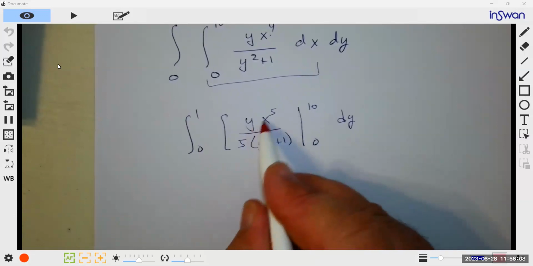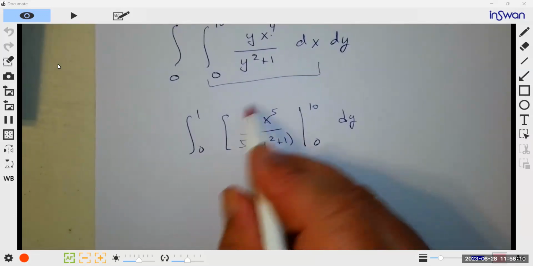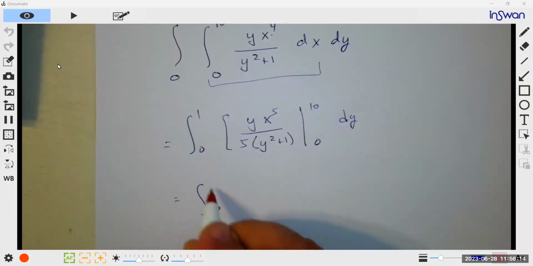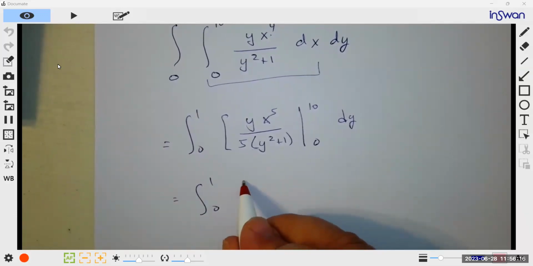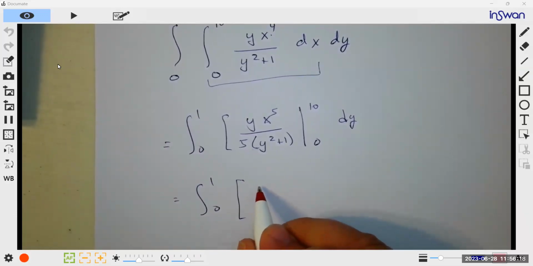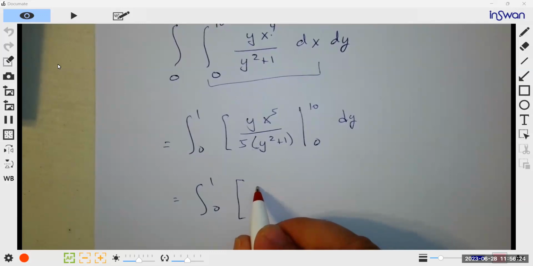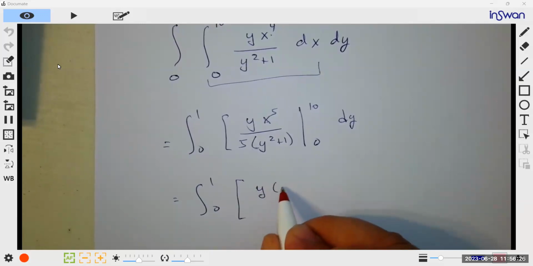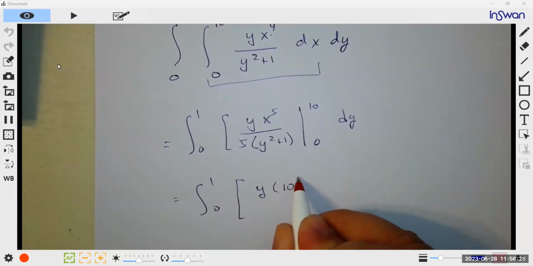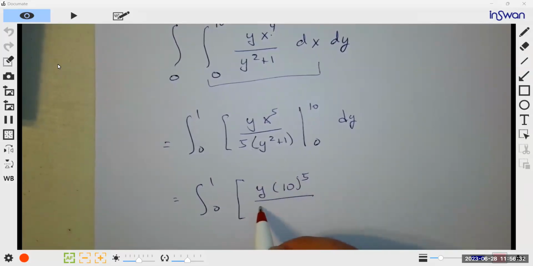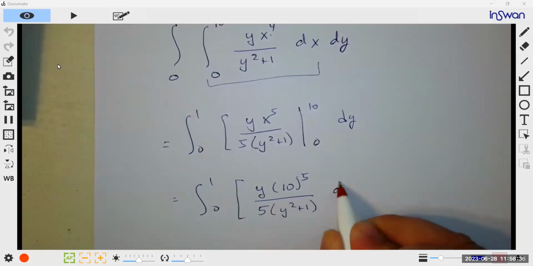This only has to do with x, so we don't have to worry about the rest of this stuff just yet. The bottom 0 doesn't matter, so it's just the top we're going to worry about. 10 to the 5th over 5 y squared plus 1 dy.